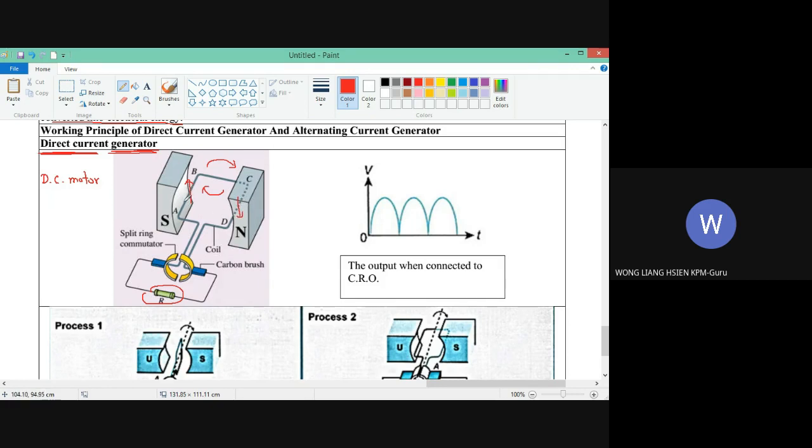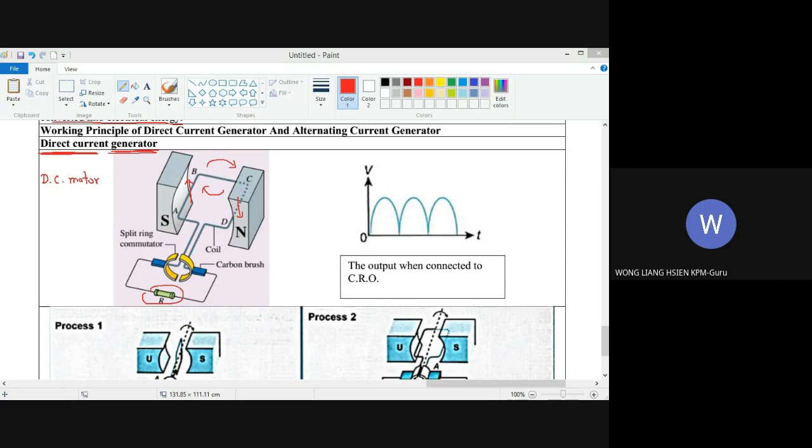When it cuts the magnetic flux, induced current will be produced inside the coil. The induced current will flow through the resistor here. So let's look at how it works.